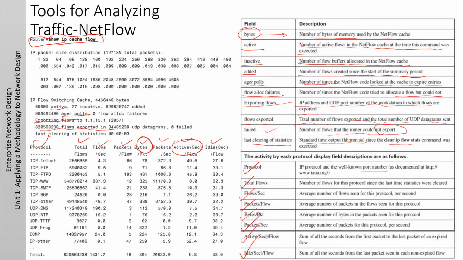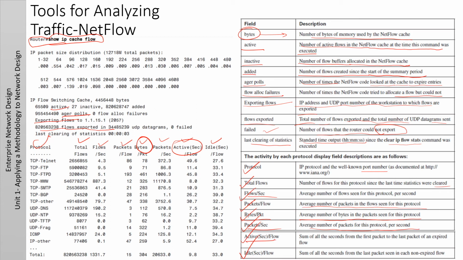Number of flows for this protocol since the last time statistics were cleared; the average number of flows seen for this protocol is flows per second. Packets per flow: the average number of packets in the flow seen for this protocol. Bytes per packet: the average number of bytes in the packet seen for this protocol. And packets per second: the average number of packets for this protocol per second.